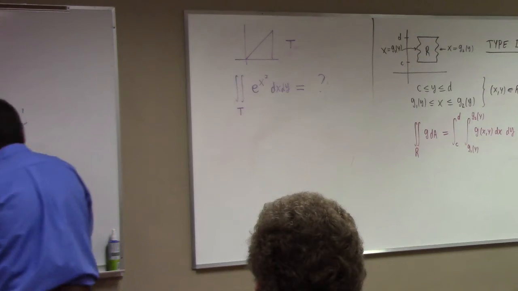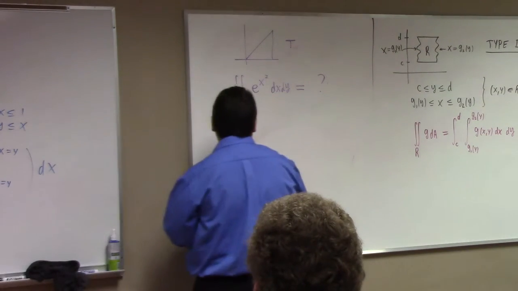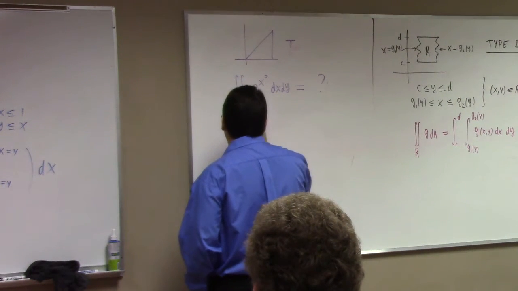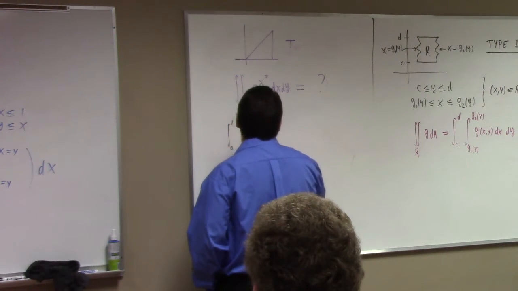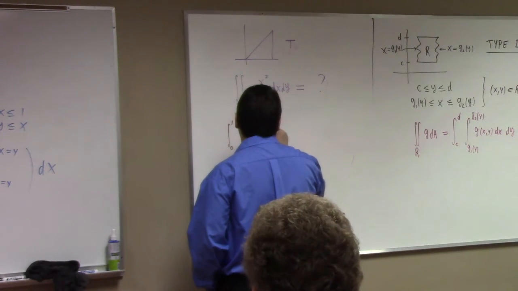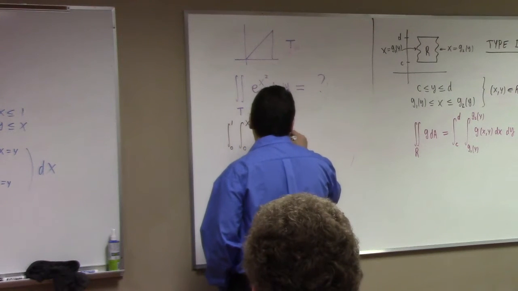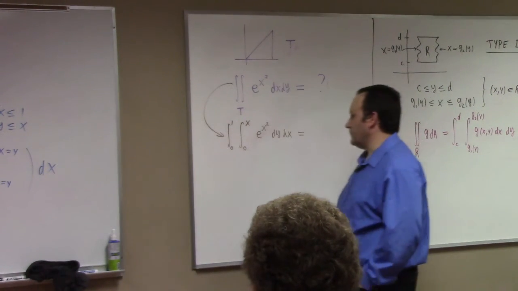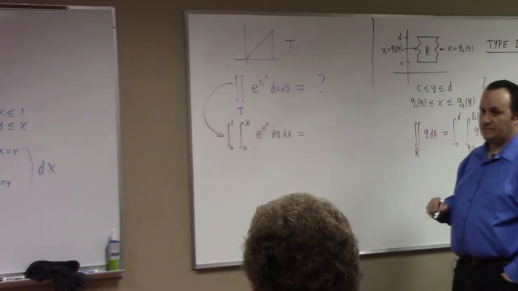Let's see. So which should we do? I think we should try this. The integration from 0 to 1, integration from 0 to x of e to the x squared dy dx. So let's use a type 1 setup.